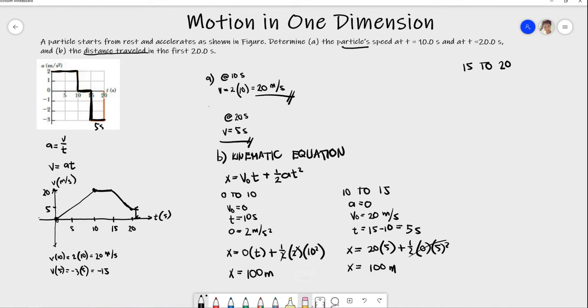From 15 to 20, as you can see, the velocity here at this point, let's say you'll be using the final velocity from this point, is equal to 5 meters per second. Let's say the acceleration from that is negative 3 meters per second squared, and the time is equal to 20 minus 15, also equal to 5 seconds.